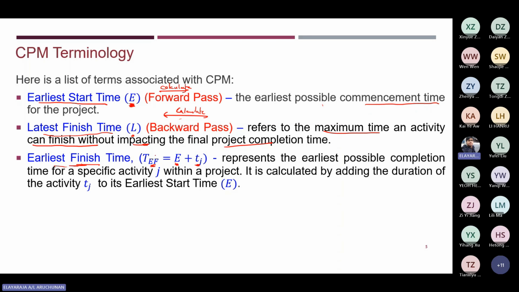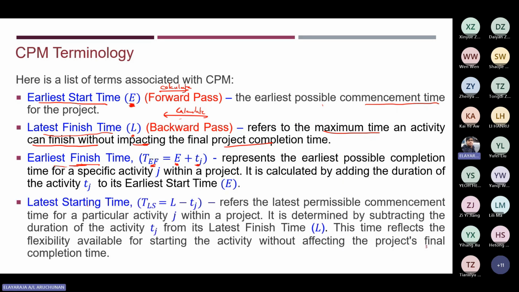You should remember this. Now, latest starting time. The latest starting time can also be calculated, denoted as TLS. TLS, the latest starting time, is equal to your L, the latest finishing time, minus, remember, minus the duration of the project.